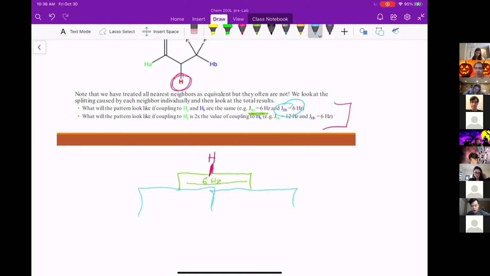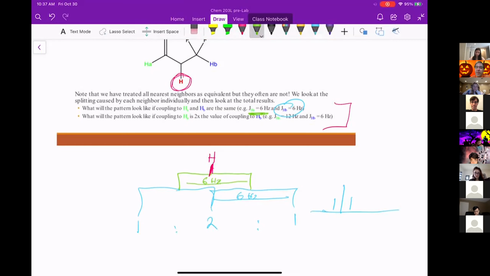This is supposed to be to scale, and my scale's not that great here today, but I'm going to end up with a ratio of 1 to 2 to 1. I'm going to get 3 signals here, so this is going to be a triplet. If the protons on both sides split it the same, I get the triplet that I would predict, and my intensity is 1 to 2 to 1, like I would expect.